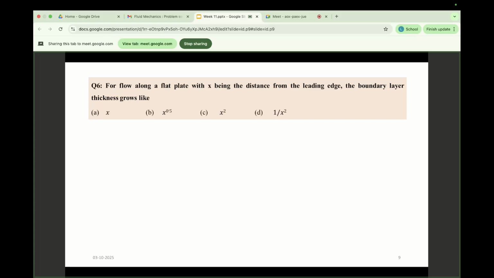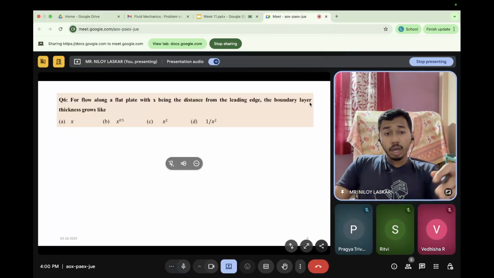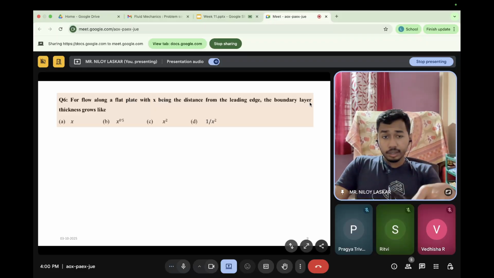In this question: for flow along a flat surface with x being the distance from the leading edge, the boundary layer thickness grows like? That is another fundamental question, and I hope that you will be able to answer this one because I have already shown this derivation in the first slide, probably.